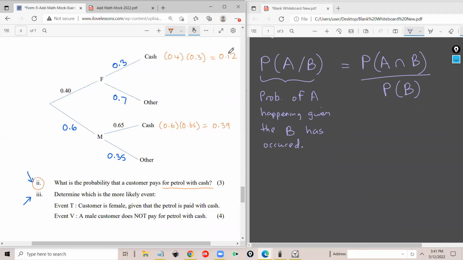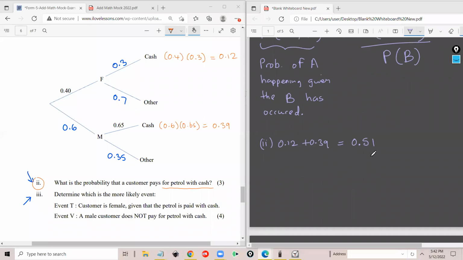You have to add these 2 answers, because this is one instance and this is another instance that it can happen. So for part 2, it will be 0.12 plus 0.39, which is 0.51, right? And of course, you could put it on the diagram in the exam or whatnot, right?